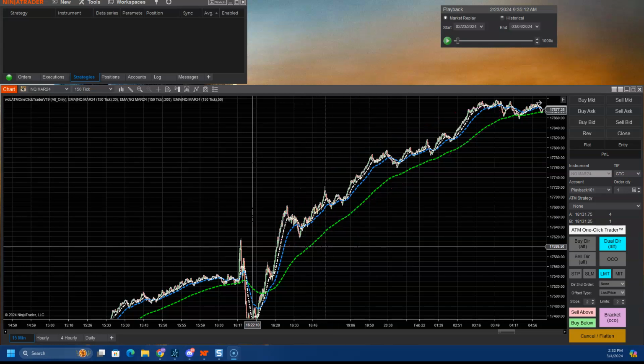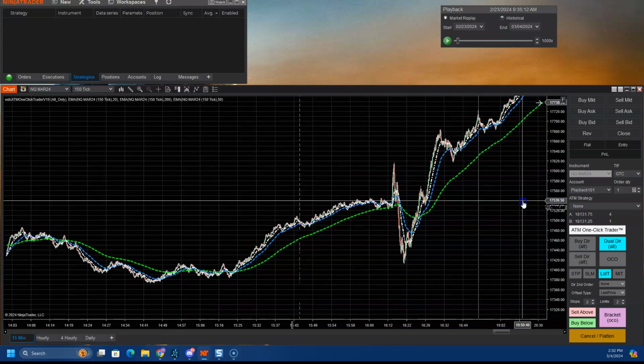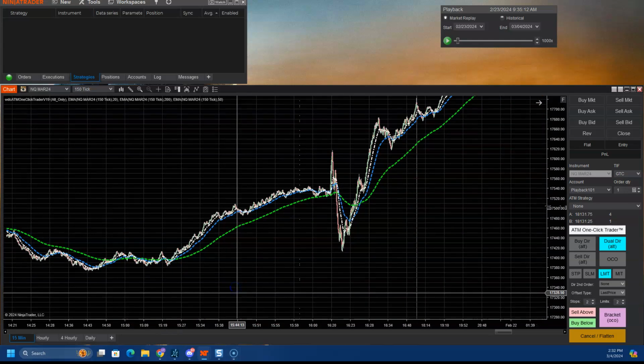You will only catch these little bursts, right? And that's what trading is, because this is all hindsight, you don't know if it will turn back down or not. So yeah, that's the difference between the UC EMA and the UC MAX, right?